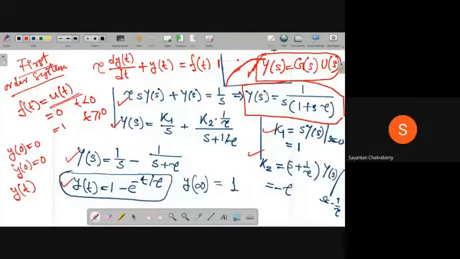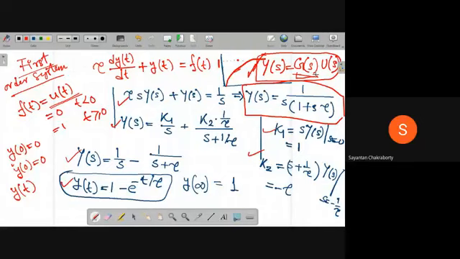So this Gs will represent the transfer function, and this transfer function will give you the instant expression of the output in the Laplace domain. So you don't have to solve the differential equation repeatedly for different sets of inputs.